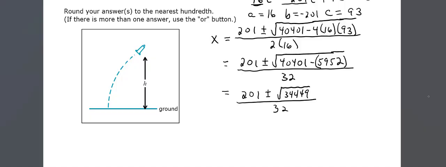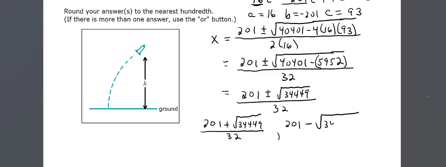So we need to plug this into our calculator. Remember, we have the two answers. We have 201 plus the square root of 34,449 over 32. And we also have 201 minus the square root of 34,449 over 32.